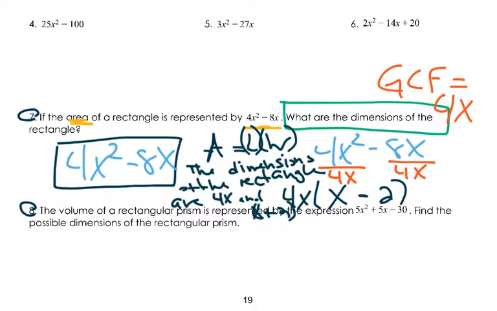Now let's look at number 8. It says the volume of a rectangular prism is represented by the expression 5x squared plus 5x minus 30. Find the possible dimensions of the rectangular prism. I'm going to read it again.